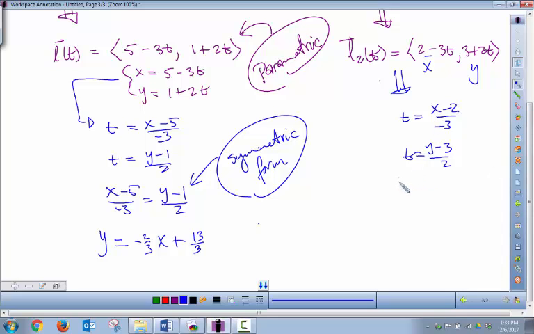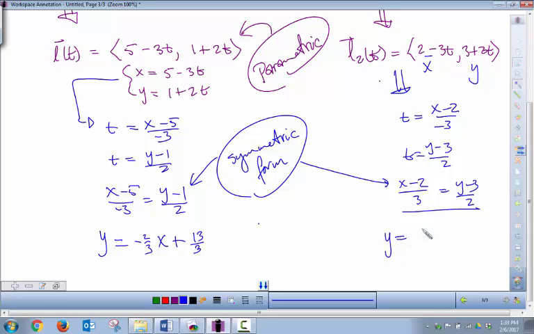And if I set them equal to each other again in symmetric form, this is in symmetric form already, but if I carry on with the computation, what should this equal?